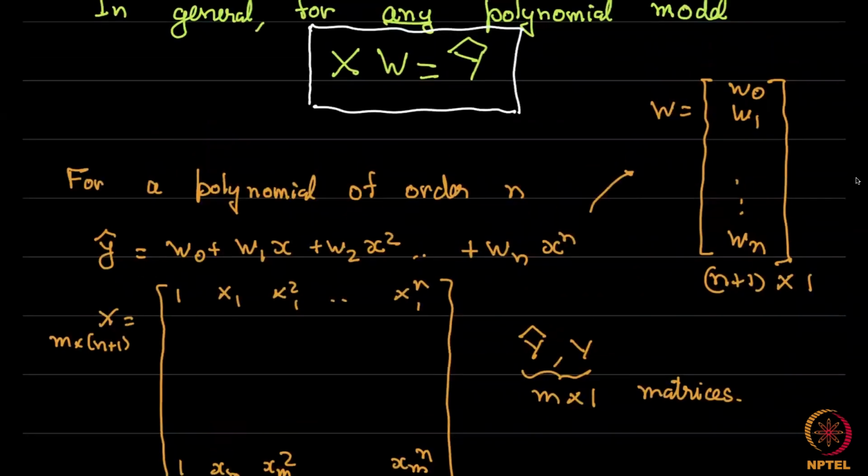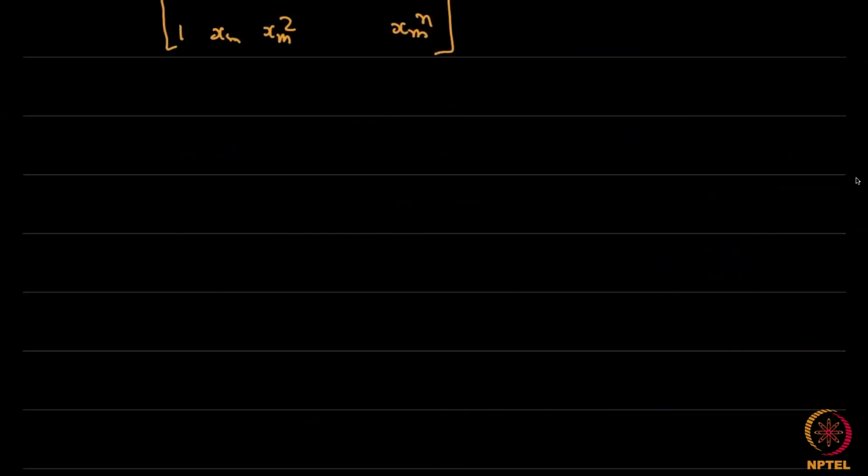All right, so this is what happens when you have general polynomial models. But for general linear models, we may have more input features.